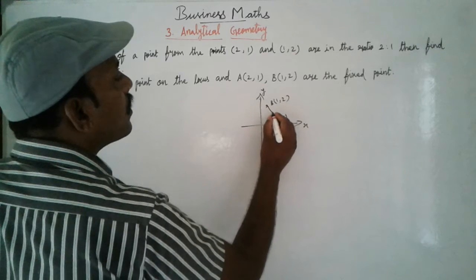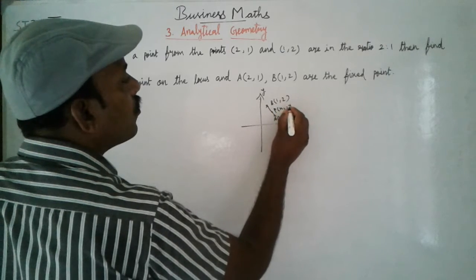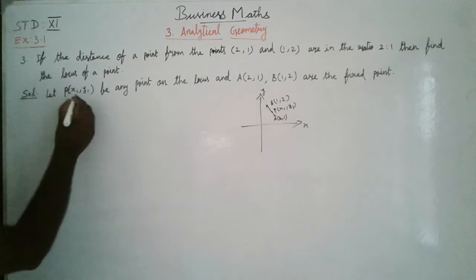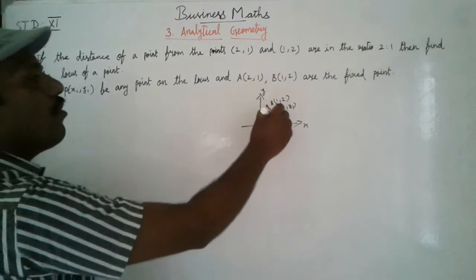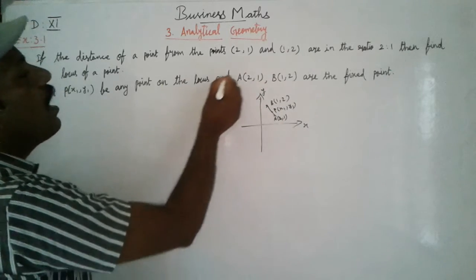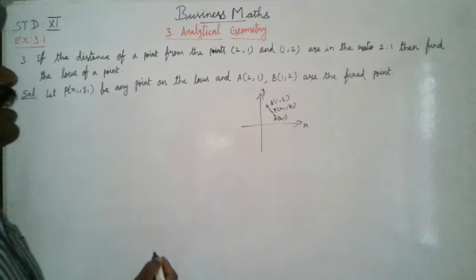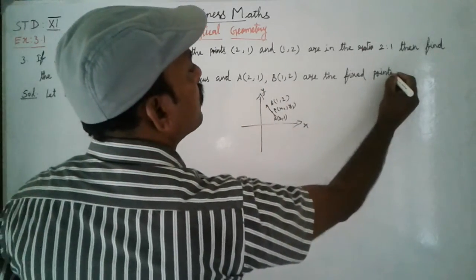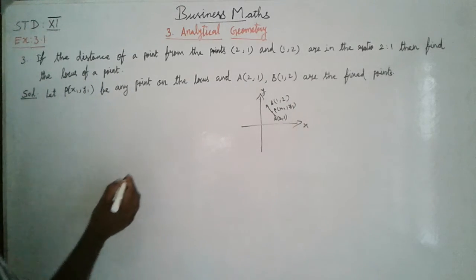Any one point on the locus, P of x1, y1. Let P of x1, y1 be any point on the locus, and A of 2, 1 and B of 1, 2 are the fixed points. So these two are fixed points. Then what do we find out?